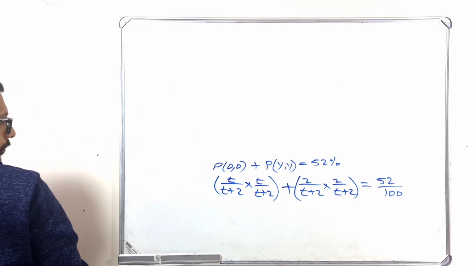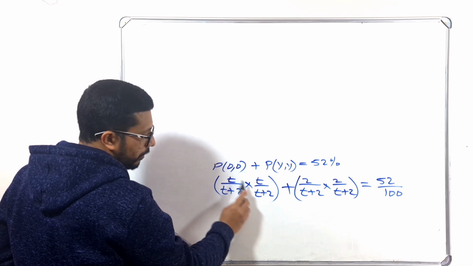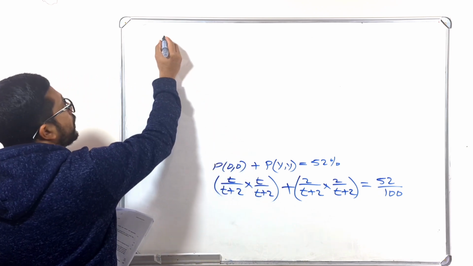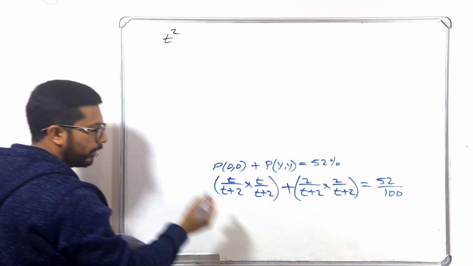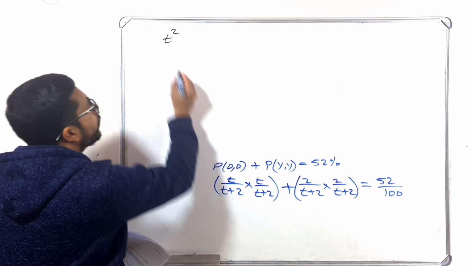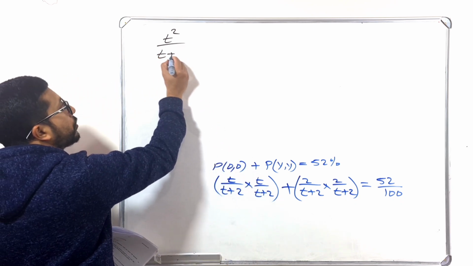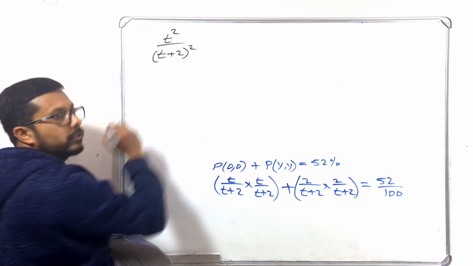So now what is t times t? Multiplication. T times t is t square. T plus 2 times t plus 2 is t plus 2 the whole square.